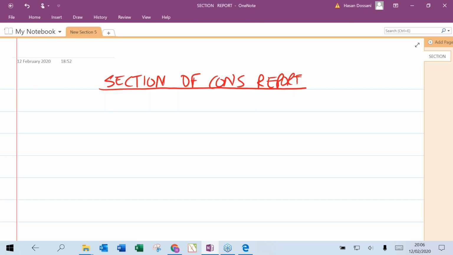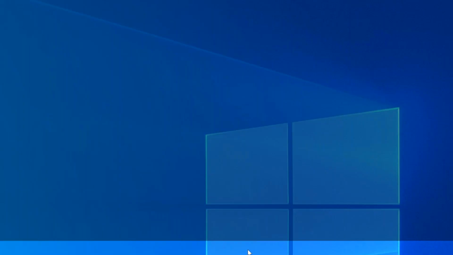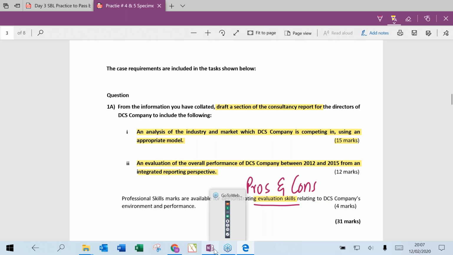To, it will be finance director. From, it will be Hon Louis. Because we are not doing a proper report, I can skip it, but let's put the subject, because we are just drafting one section of the report. The subject is evaluation of the overall performance of DCS.